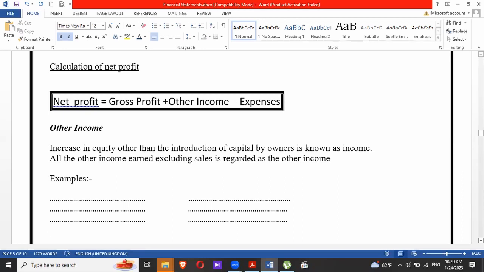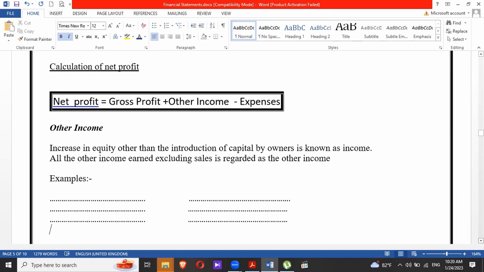Gross profit, how to calculate gross profit? You already know, right? Sales minus cost of sales. Very simple. For the calculation of cost of sales, we did two calculations, right? So gross profit plus other income minus expenses equals net profit. So we'll see what the other incomes and what the expenses are.